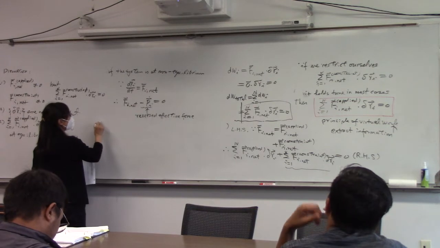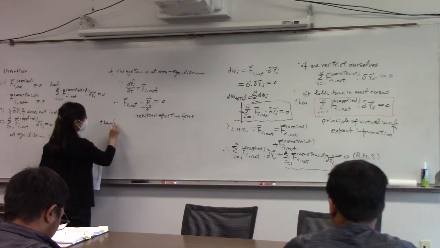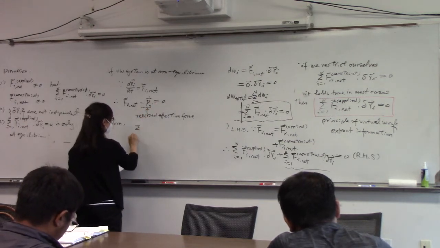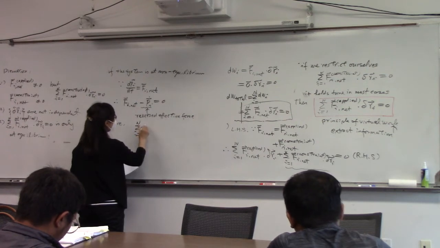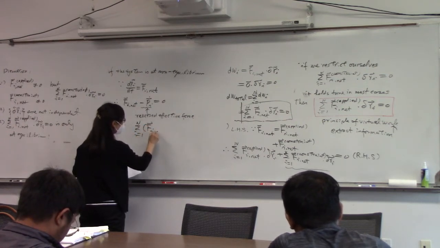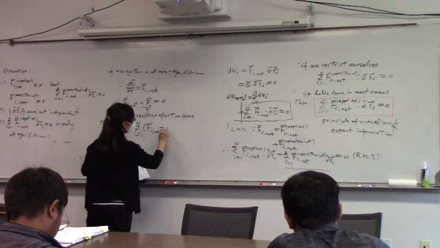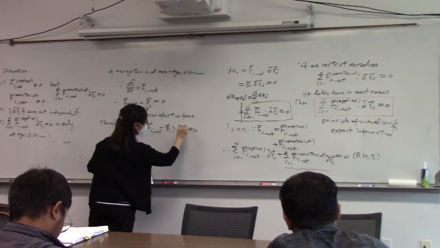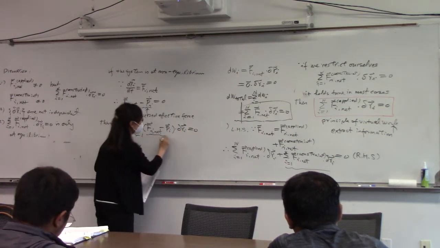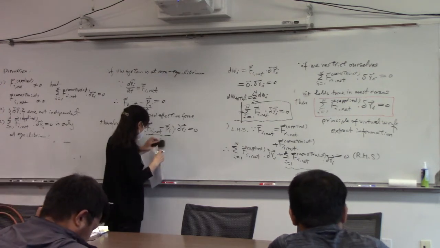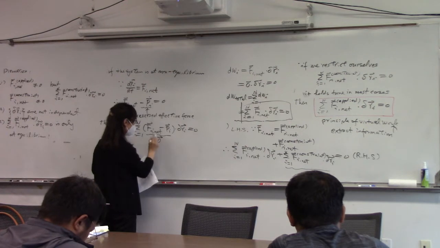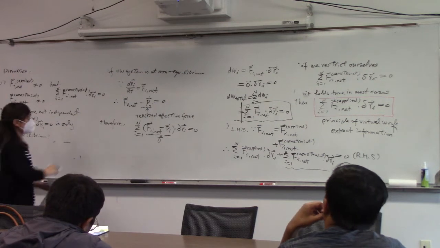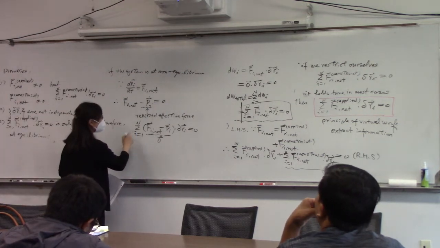I will not go into the details, but because this is 0, we immediately have the summation of this force minus this p_i dot, dotted with delta r_i, equal to 0, right? Since this is a 0 vector, a 0 vector in an inner product with any vector is equal to 0, then the summation is also equal to 0. So we immediately got this.